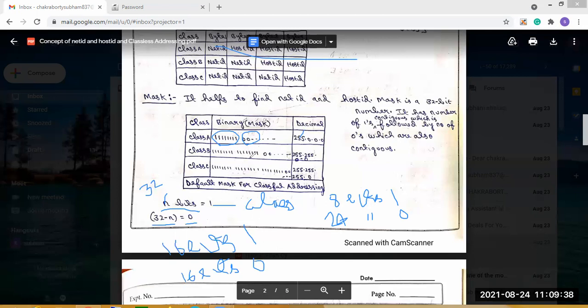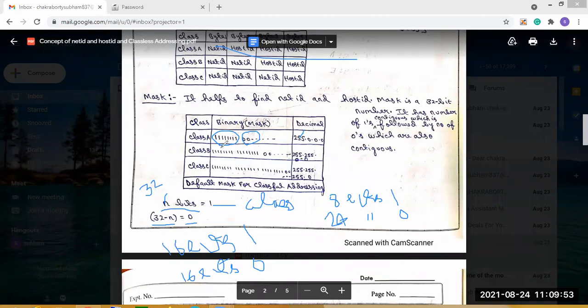You see, first I have written 16 bits of ones, followed by 16 bits of zeros. Now we are grouping it as 8 bits, because 1 byte equals 8 bits.